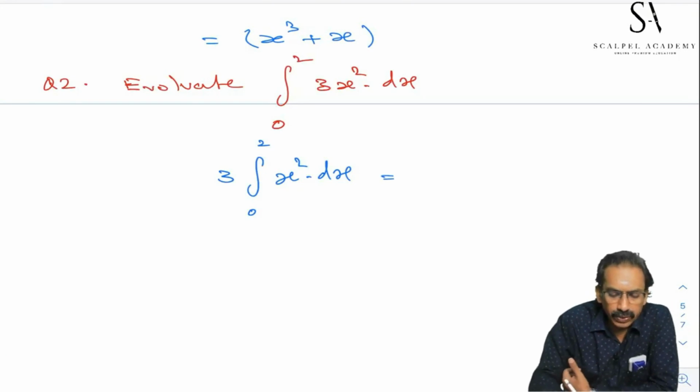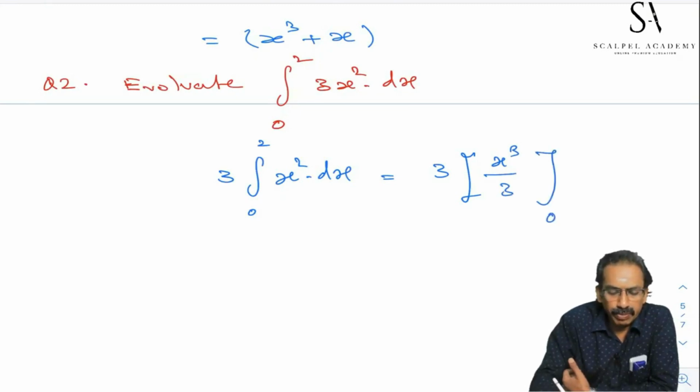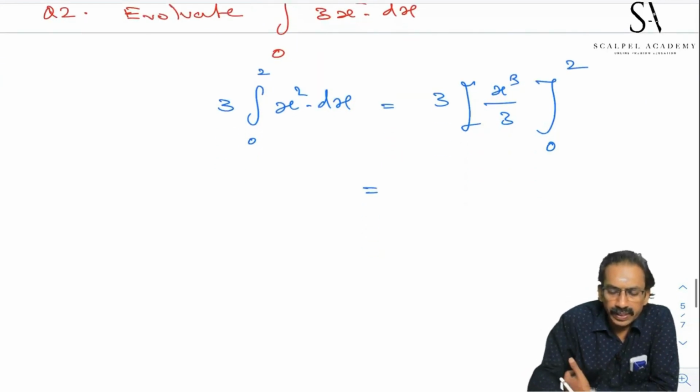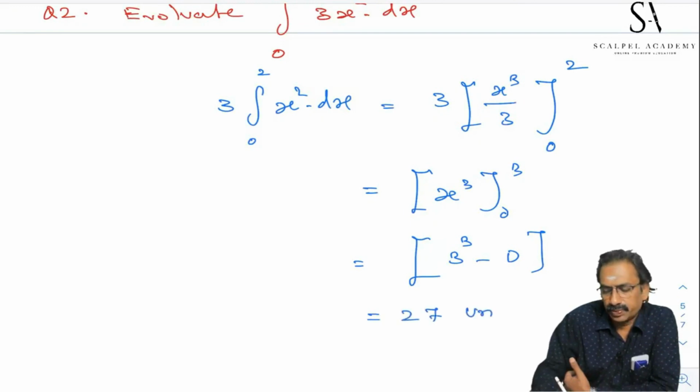If you integrate x square, we will get x cube by 3. Then lower limit, upper limit to be applied, 0 to 2, that is equal to x cube from 0 to 3, this is 3 cube minus 0, 27 unit.